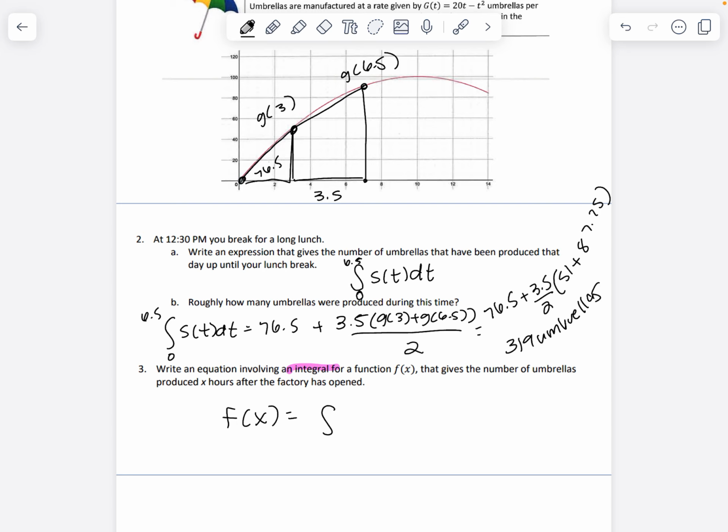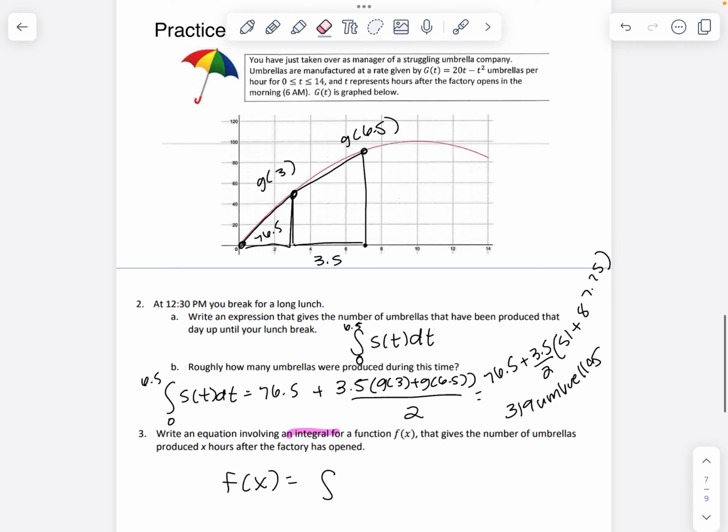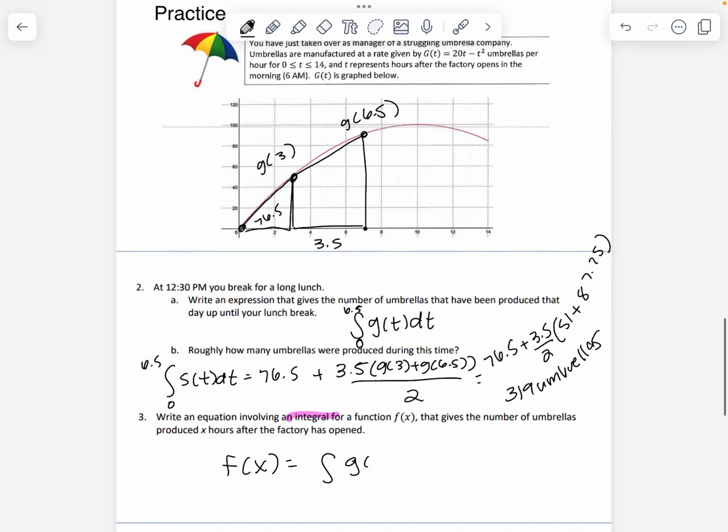Because it is asking for accumulation, I'm going to write my curve that I've been using. Also, I don't know why I used S of t here. This should have said G of t. I'm sorry about that. So I'm going to write G of t here and then dt. The company opens right at 0. This right here is our rate equation.